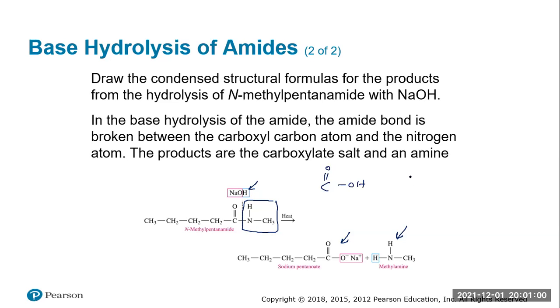So a carboxylic acid salt has the oxygen connected in like this. That's why the oxygen comes in there in that particular case. One way you can remember it is that in base you get the base part of it back, which is that amine group.